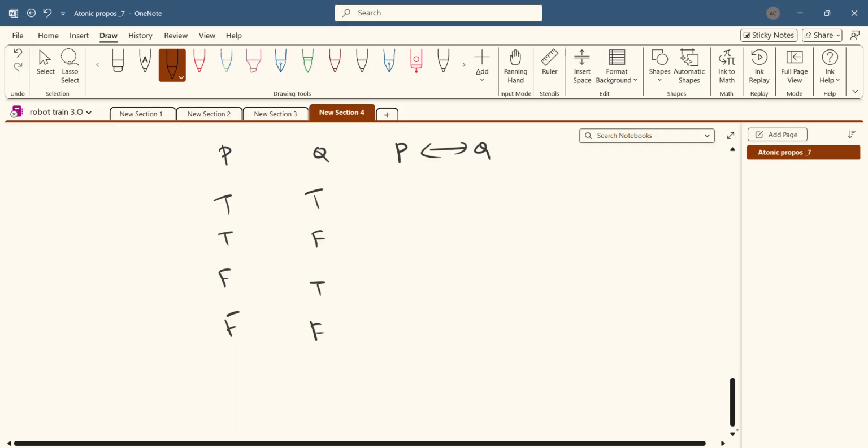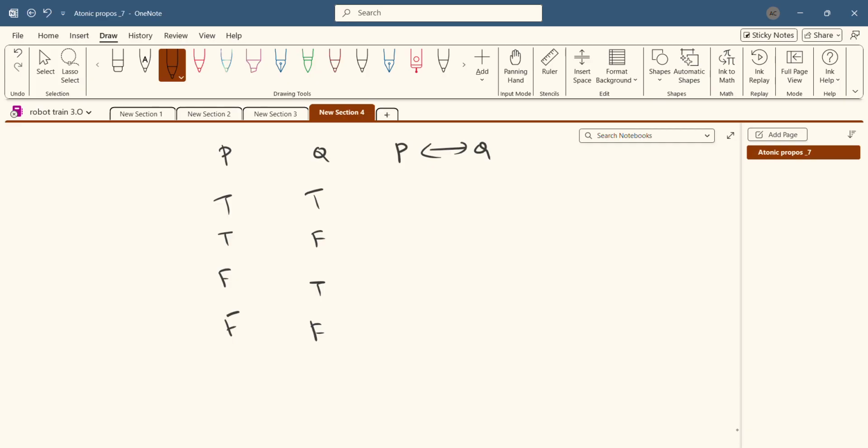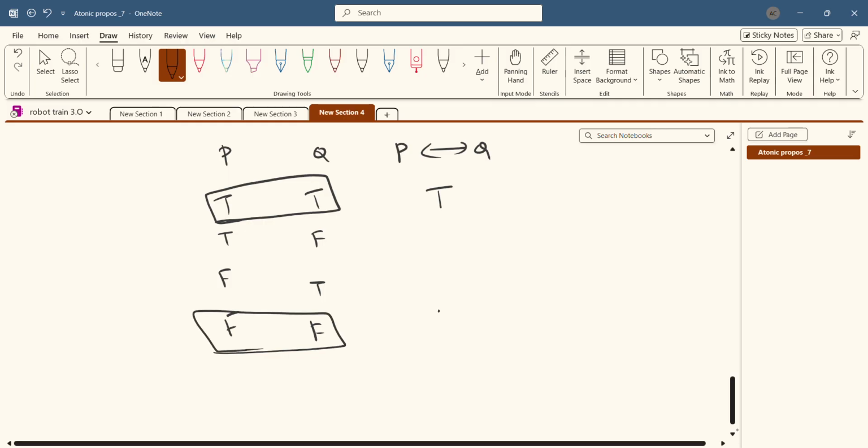For the biconditional statement P biconditional Q, if both P and Q have identical truth values, identical means same, then it is true. So here P is false, Q is also false, therefore it is true. Otherwise, it is false.